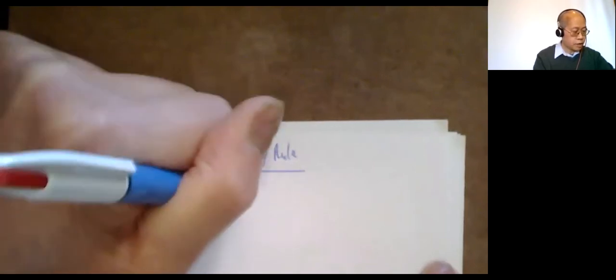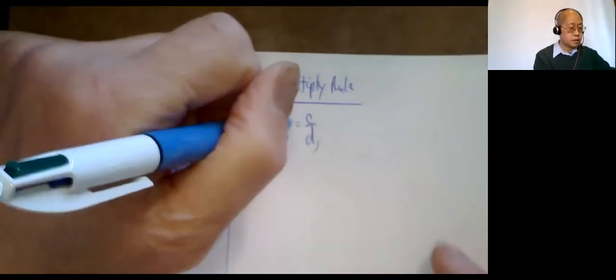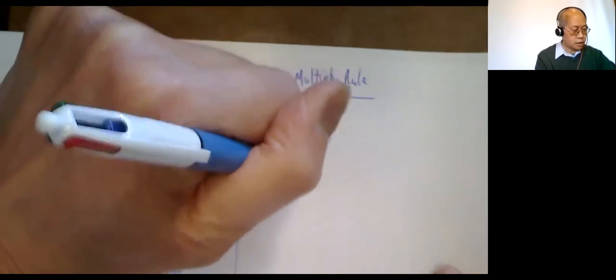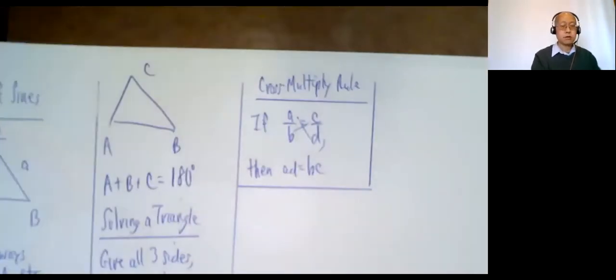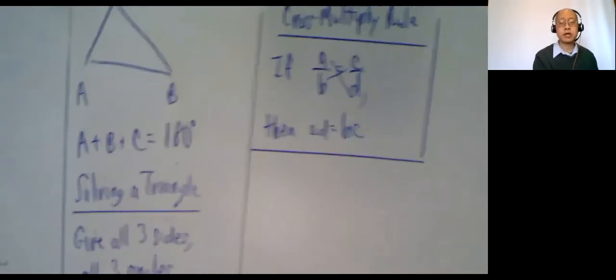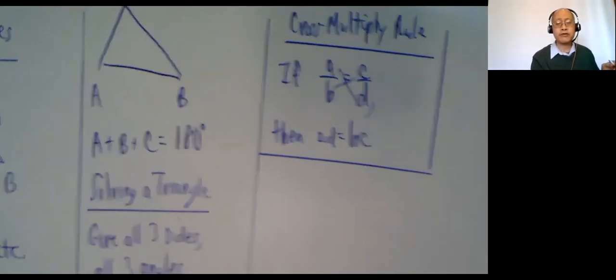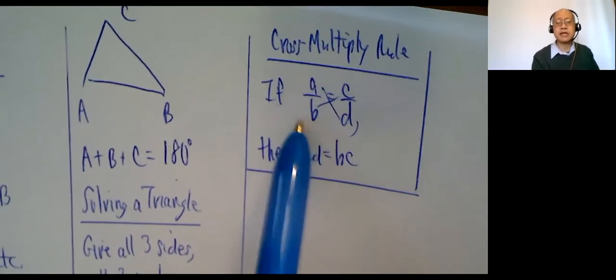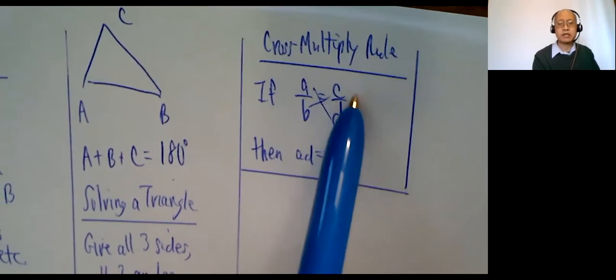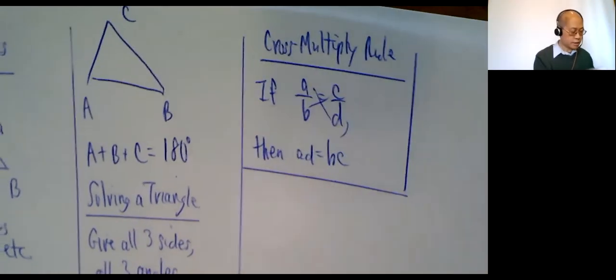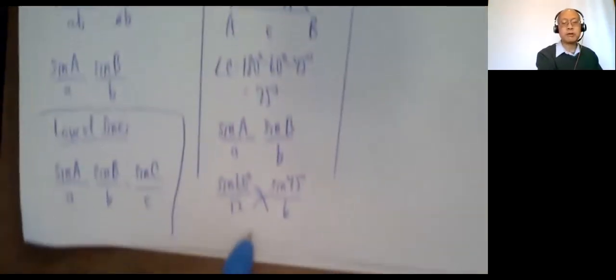If A over B equals C over D, you have a fraction equaling a fraction, then you can go across like that. Then AD equals BC. A mathematical justification is you can multiply both sides by BD, the common denominator. Okay, so I cross multiply.